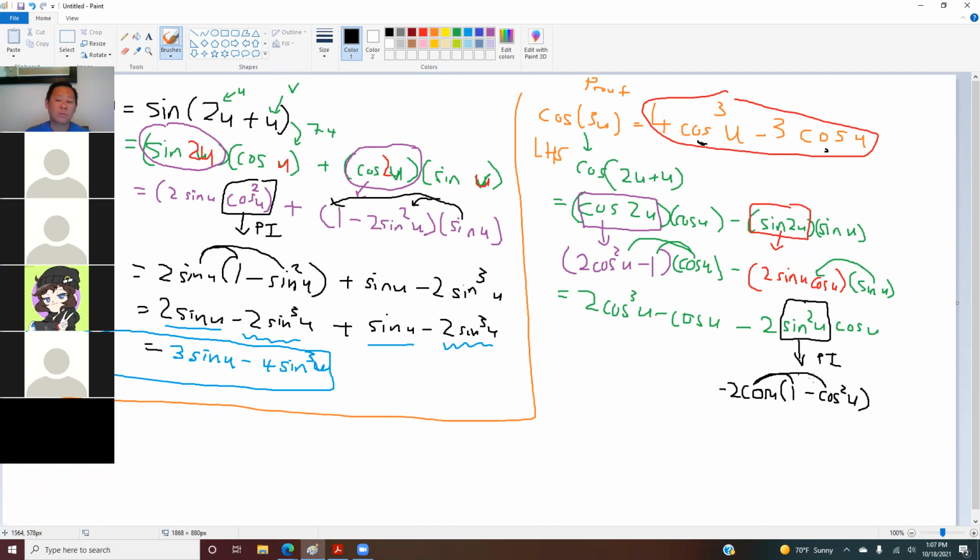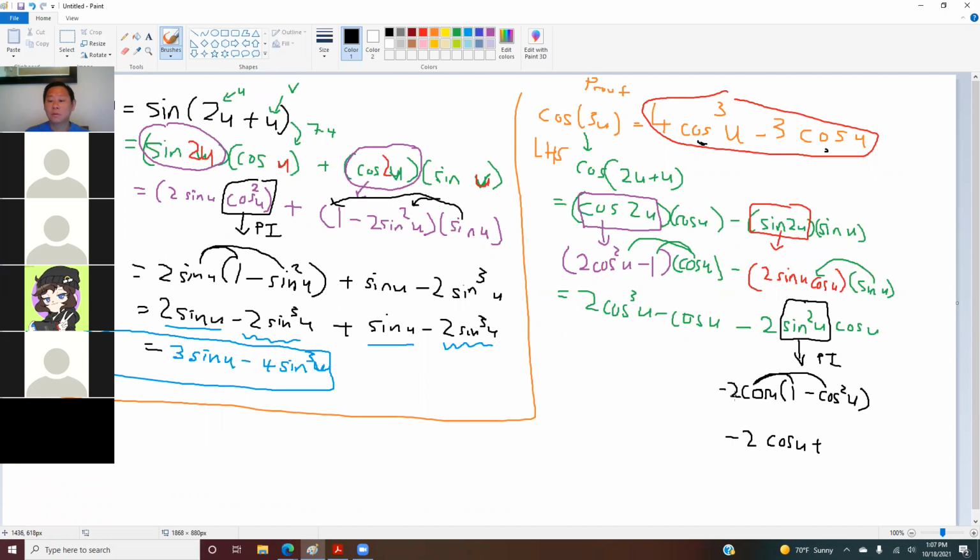So what did you get when you distribute this in here? Negative 2 cosine u times negative or positive 3 cosine? Positive what? Positive 3 cosine squared.